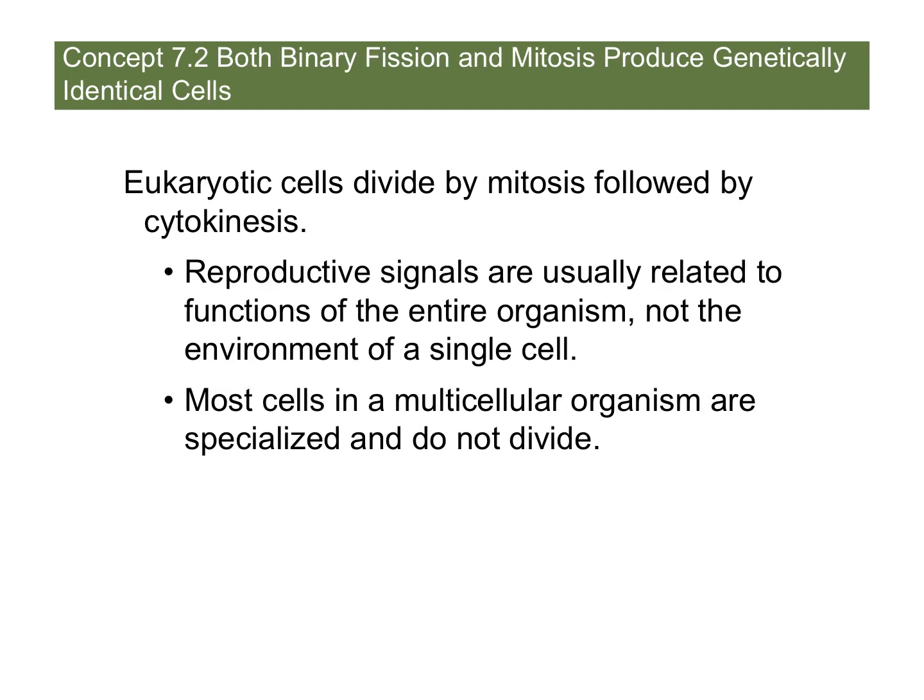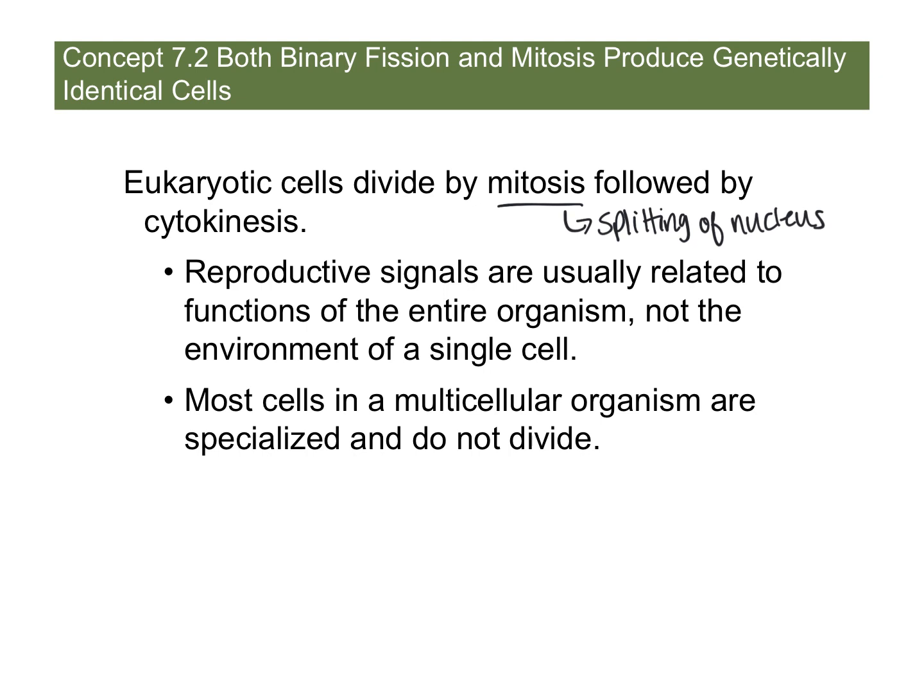Now, in the case of eukaryotic cells, we divide by mitosis. Mitosis is very specific. It's the splitting of the nucleus, followed by cytokinesis, which is the splitting of the cytoplasm and the distribution of the organelles. Reproductive signals are usually related to the functions of the entire organism, not the environment of a single cell.